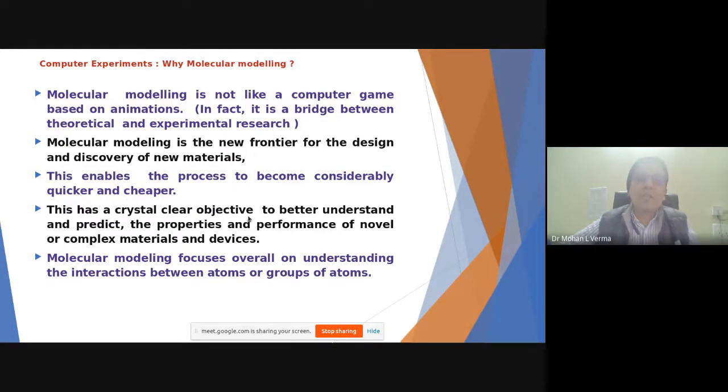The objective is clear: to better understand and predict the properties and performance of novel or complex materials and devices. Molecular modeling focuses on understanding the interaction between atoms or groups of atoms. It is flexible, and whatever you want, you can perform using computer tools.